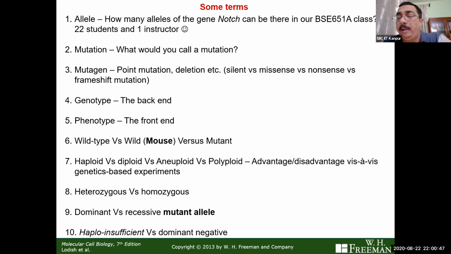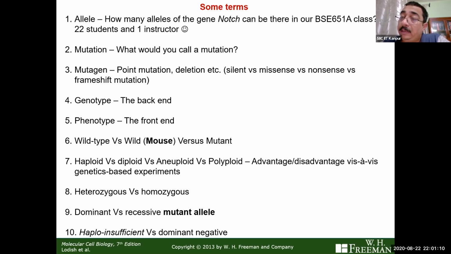Let's take an example. Of two alleles, one gives rise to larger body size. The other one gives rise to normal body size or even smaller body size. These are two alleles of the same gene.